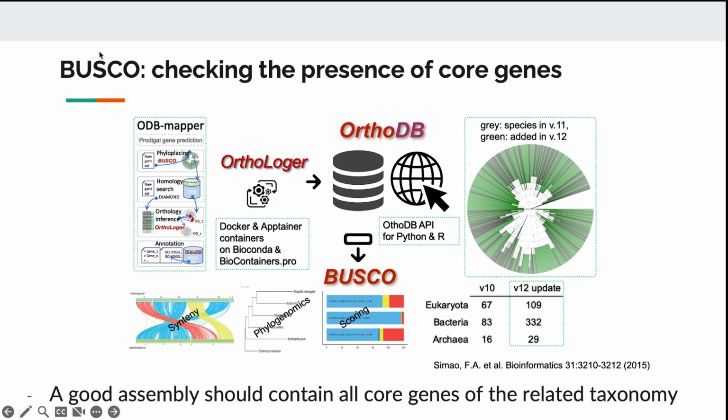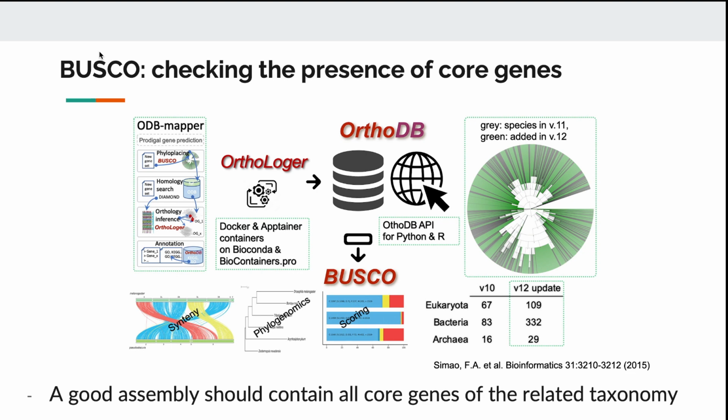So the idea of BUSCO is, now that we have information from the genome for many species, we can create a database. And in this database, we're going to compile for each taxonomic group, like in plants, in animals, in mammals, in bacteria, in viruses, which genes are present consistently. So if you reconstruct a genome from a species in a particular group, you are bound to find this gene.